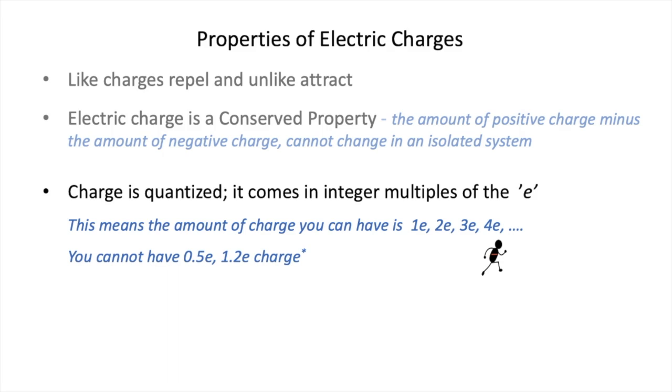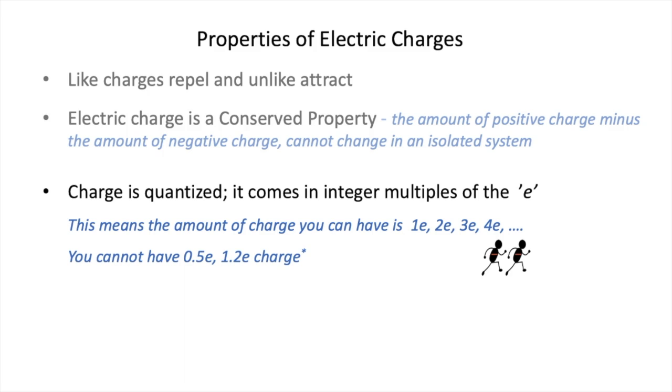Now we know that the most elementary or fundamental unit of charge is e, which is the charge carried by one electron or one proton. This makes charge a quantized unit, which means it comes in integer multiples of e.